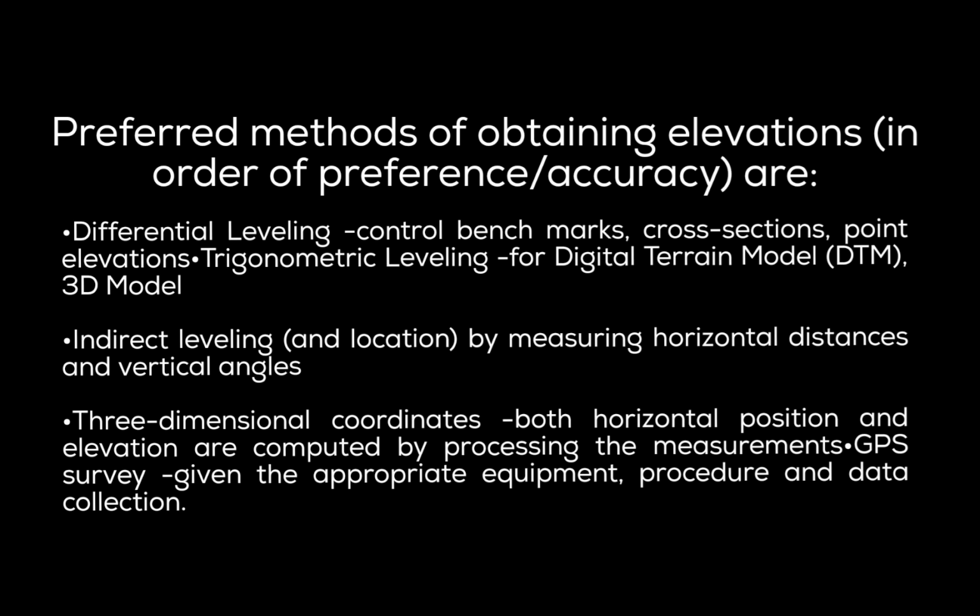Third is indirect leveling and location by measuring horizontal distances and vertical angles. Fourth is three-dimensional coordinates, where both horizontal position and elevation are computed by processing the measurements. And lastly, GPS survey, given the appropriate equipment, procedure, and data collection.